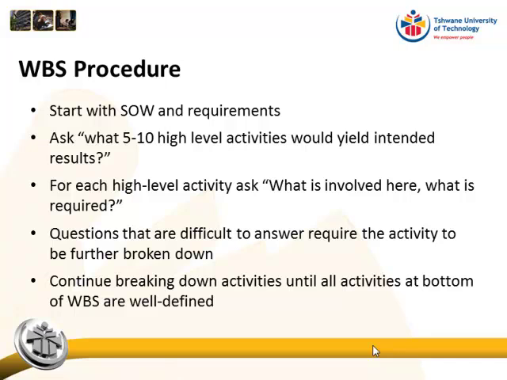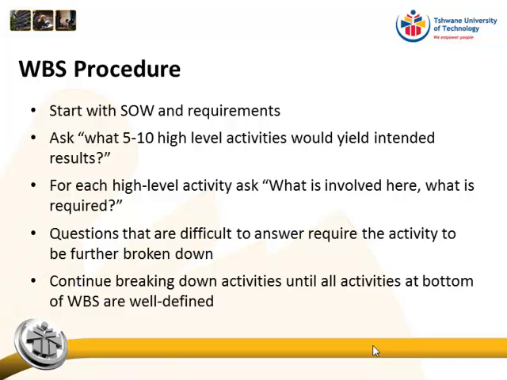If the questions are difficult to answer, it means that the activity must be broken down further. So you need to ask the questions and break the activities down until you have a complete handle of this is what must be done. This is also the entity or person who can take responsibility for this activity.